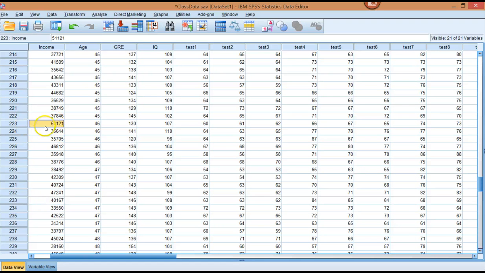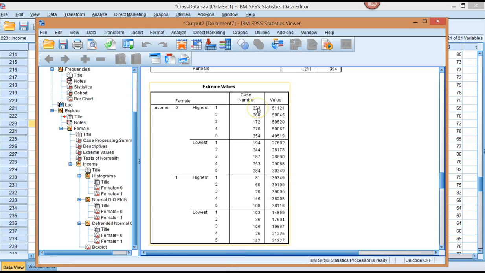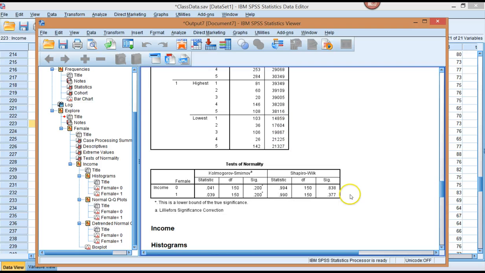There it is. And so that is the most extreme score, but still looks reasonable within the other incomes. But it tells you exactly where to look, what case number, and what the value is. And so you can look at those in comparison to your data that you have.